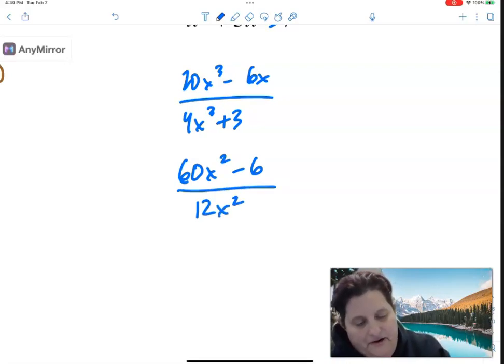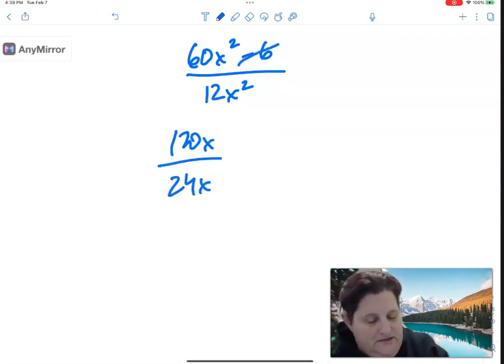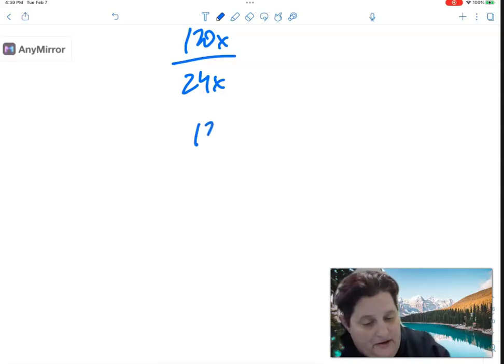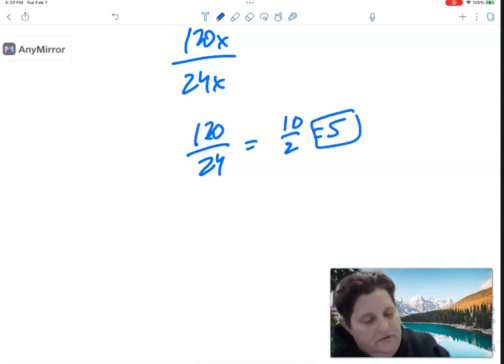It still goes to infinity over infinity, so I do it again. 120x over 24x. Still infinity over infinity, so I do it again. 120 over 24, which reduces to 5, so that equals 5.